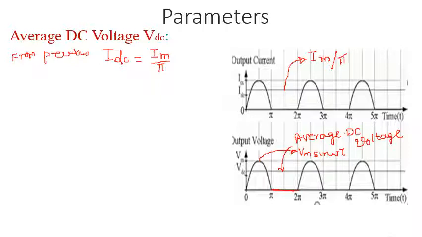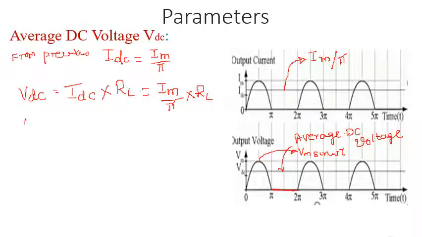So the average voltage VDC, according to Ohm's law, is IDC into RL, or Im by pi into RL.